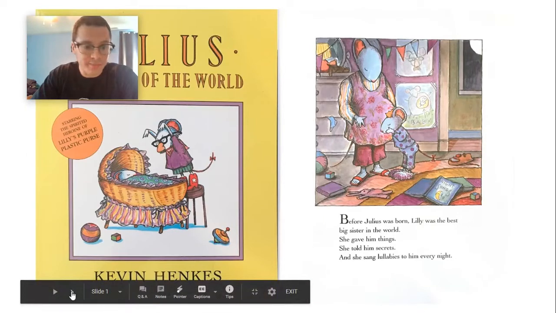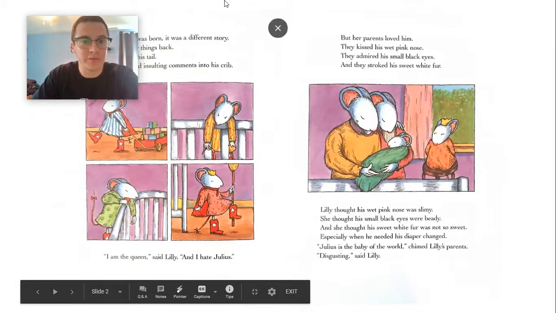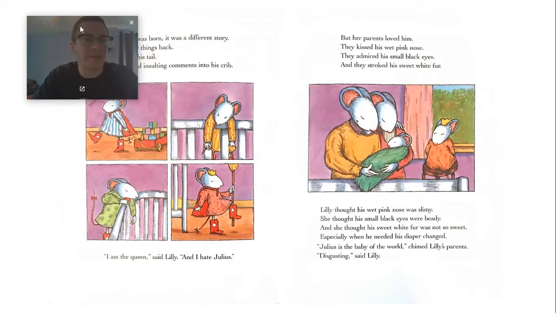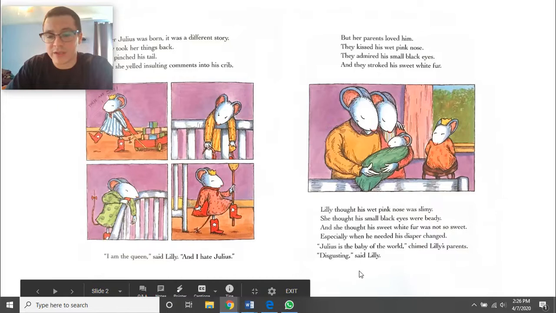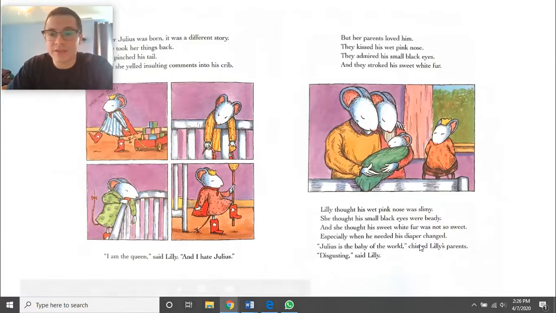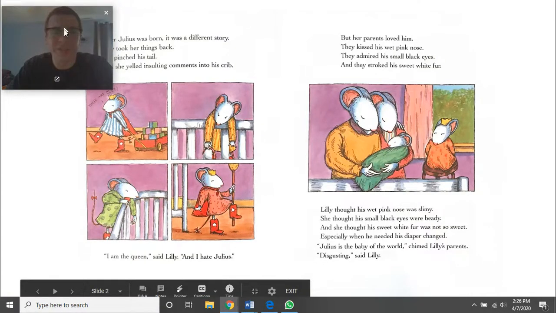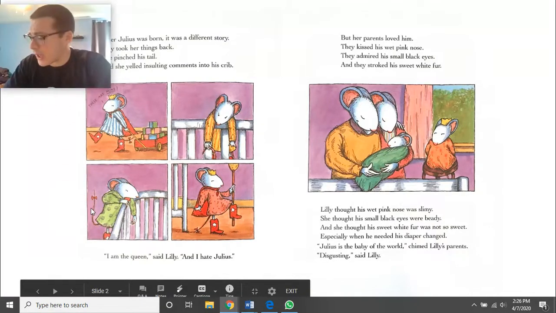But then, after Julius was born, she didn't really think that it was great to be a big sister anymore. She took back her things, she pinched his tail, and she yelled insulting comments into his crib. And when her parents say Julius is the baby of the world, Lily says disgusting. So we know that she's not excited to be a big sister anymore.